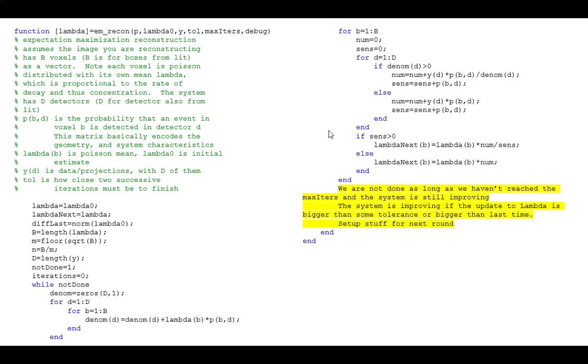How much of them do I want to be correct? That's up to you. The simplest thing would be if my current diff is bigger than diff last, keep going. I'm trying to give you some different scenarios, since you'll sometimes see this in convergence areas.